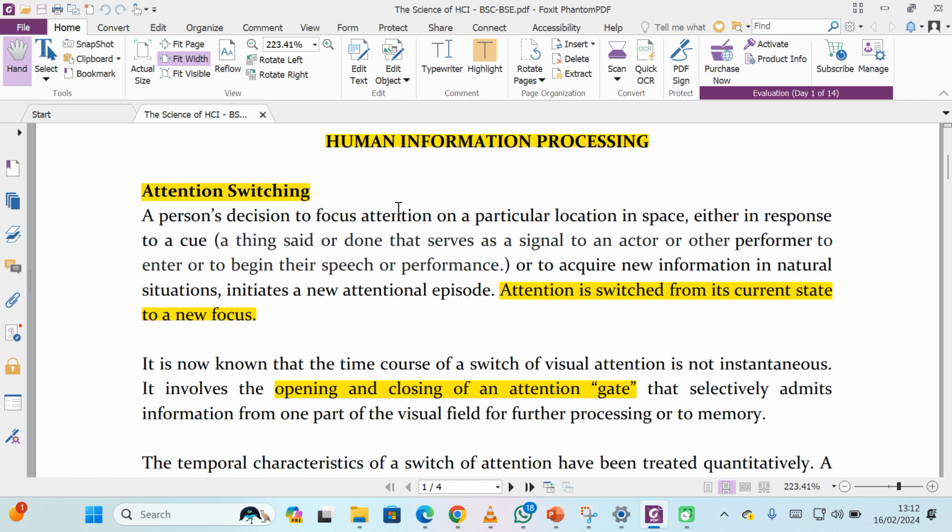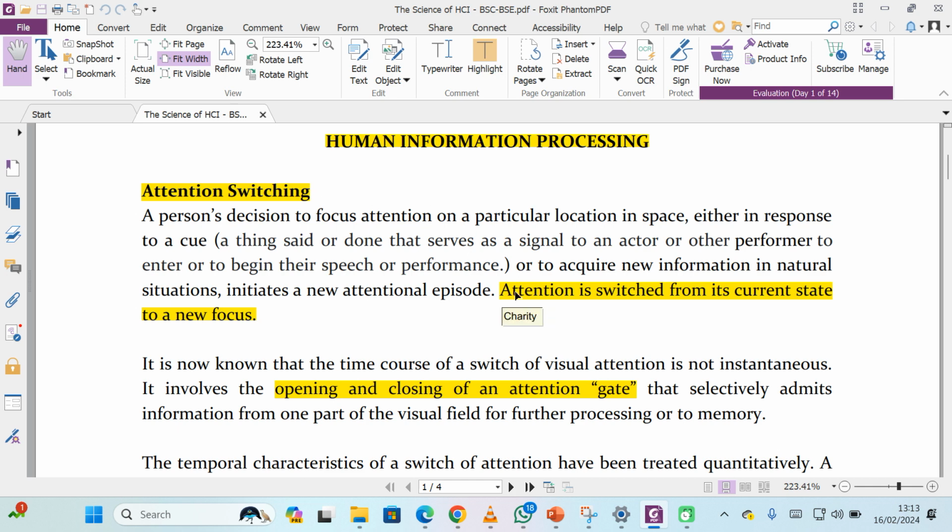Just like the brain, the CPU cannot process two instructions at the same time. Because of how fast it is, it deals with one task, finishes, then goes to the next task. Because it is that fast, we tend to think that the computer is doing multiple tasks at the same time. The human brain processes information from the first step of what we call attention switching.